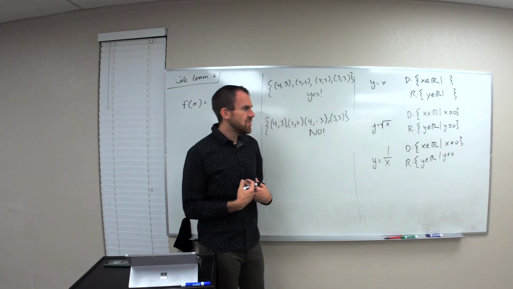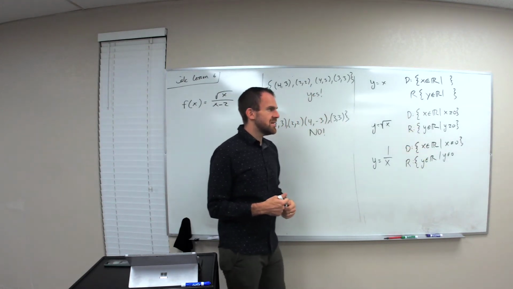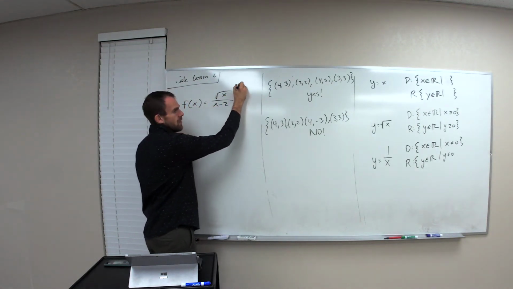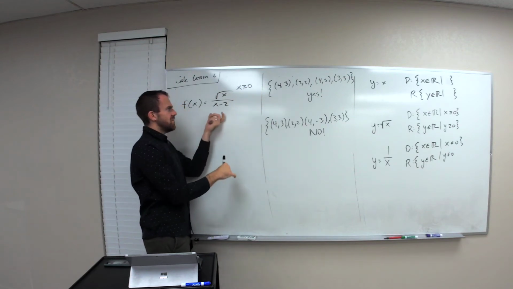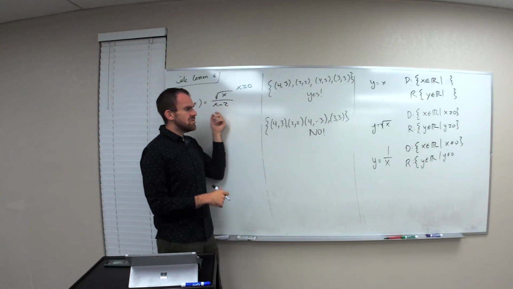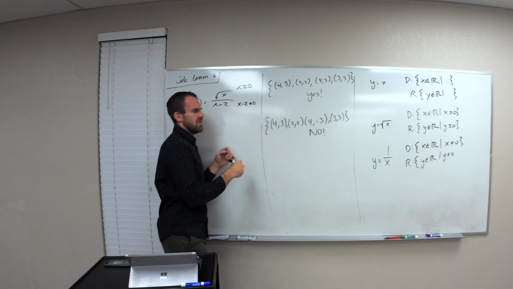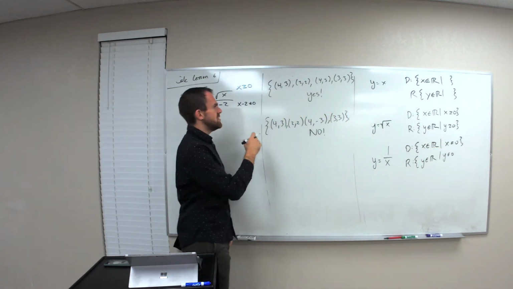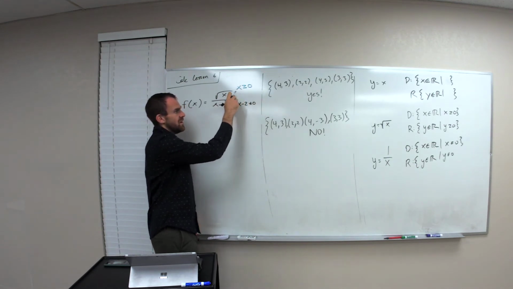So what I like to do when I'm doing these problems is I will write out the two domains that make sense. So in this case, from the top, x must be greater than or equal to 0. Here, instead of x like I had here, I now have x minus 2. So I'm going to write x minus 2 cannot equal 0. So you just replace the x here with whatever is under the denominator, or if I had something ugly in the square root, I would replace that here.